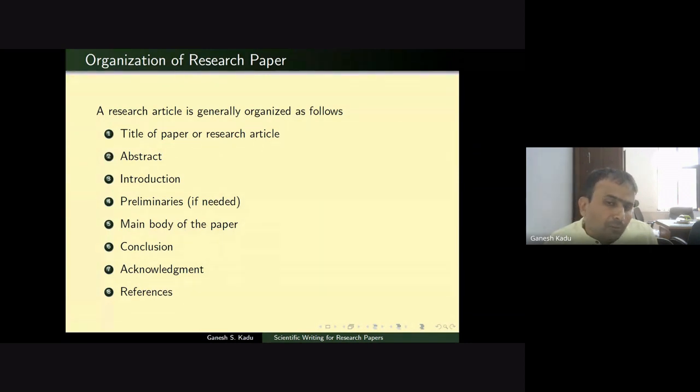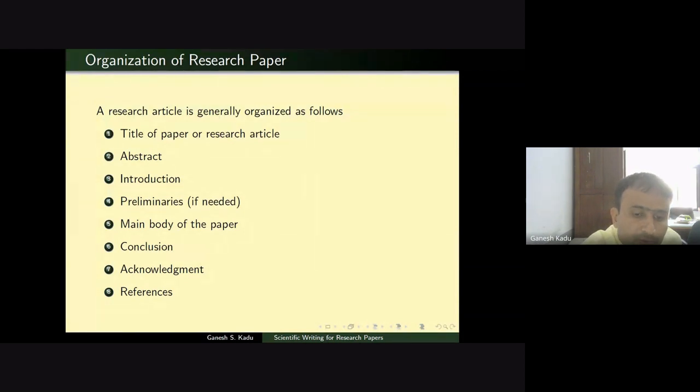So preliminaries, then you have the main body of the paper which contains the main results, followed by conclusion. The main body will of course contain the main results, and then you will be required to conclude, draw inferences or conclusions, put things in perspective. And then finally acknowledgement.